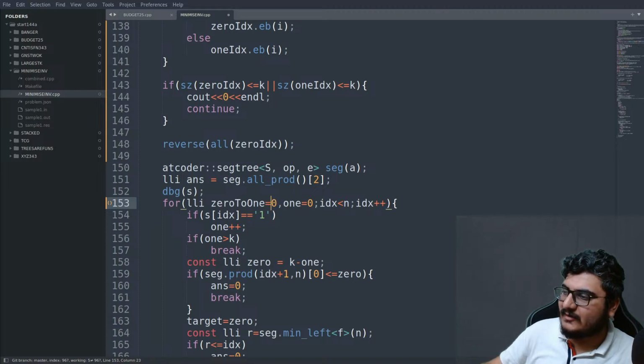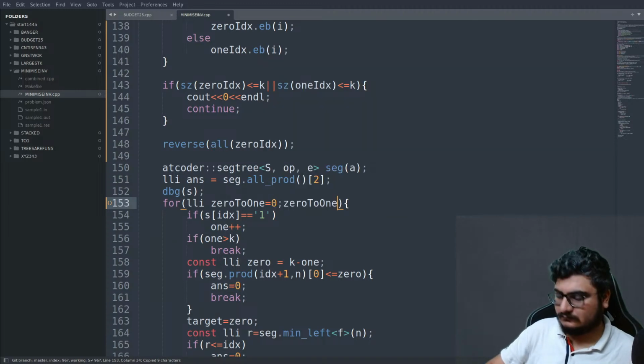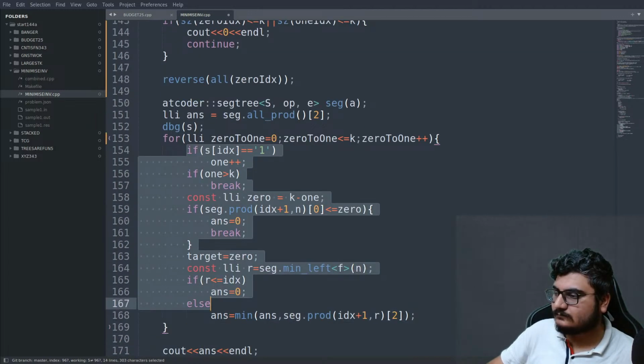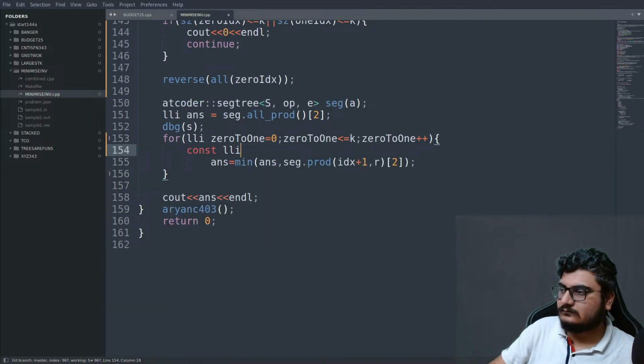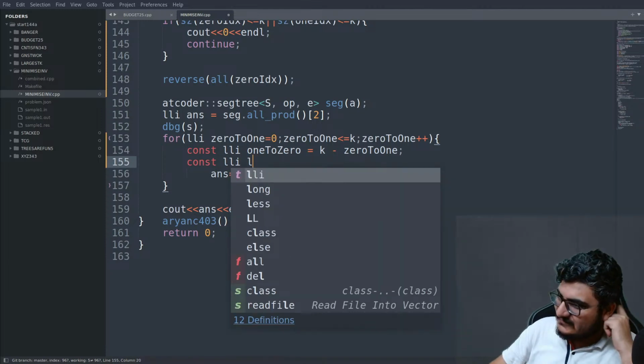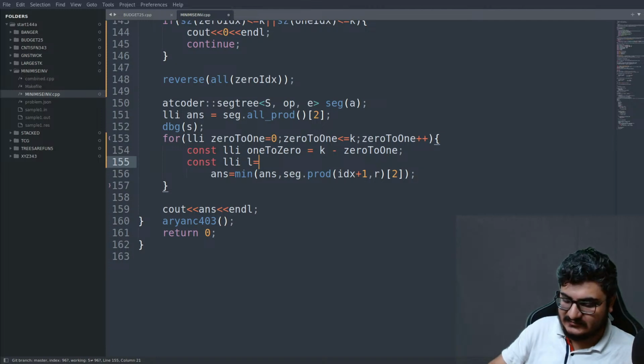Now let's fix the number of zeros to 1. The number of 1 to 0 changes would be k minus the 0 to 1 changes. And what we will need is that 0 to 1 should be done at the last index.